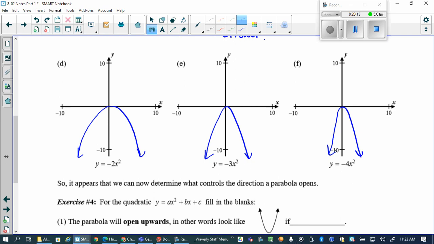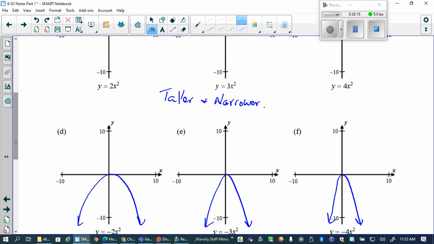So with a larger A value, they get narrower and taller, right? But what do you think would happen with an A value of like 1/2 then? Think of the table of values for x squared and then multiplying them all by 1/2.